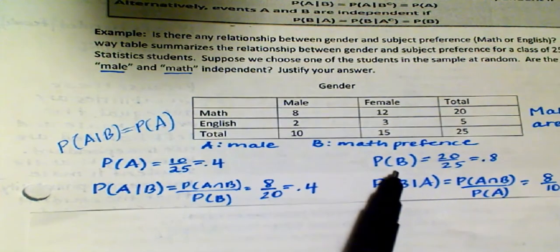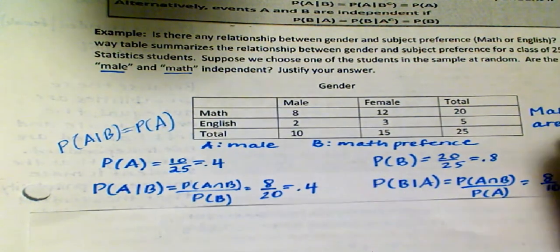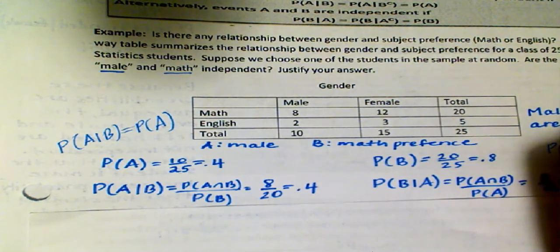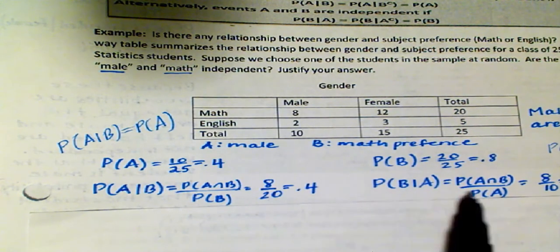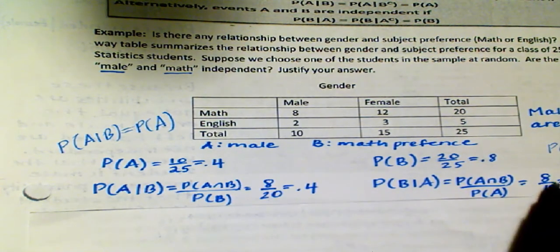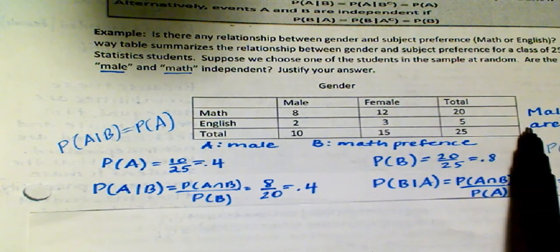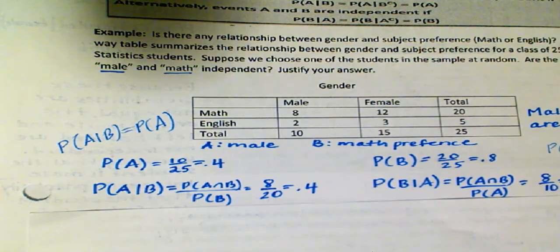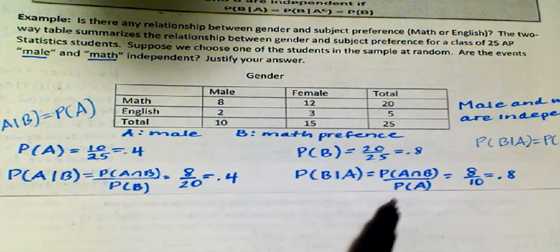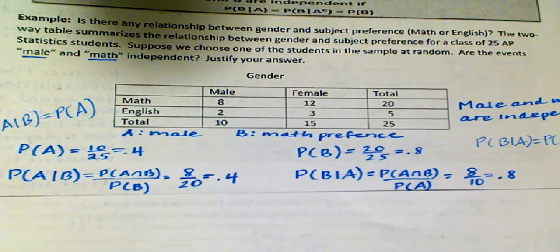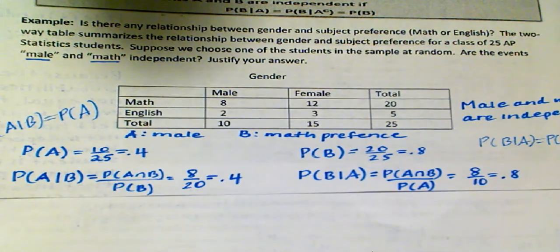Then if I did it the other way, the probability of B given A is equal to the probability of B. And here's the probability of B, here's B given A, and again, they're equal. So therefore, math and male are independent. I just proved it right here. Okay, so that is one way that you can show independence.